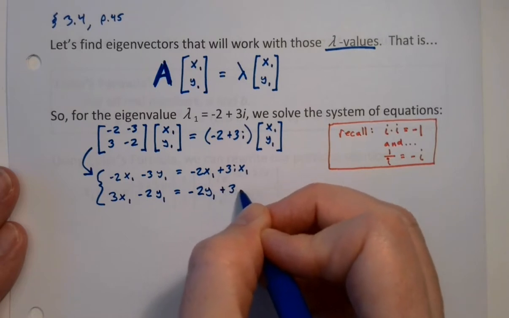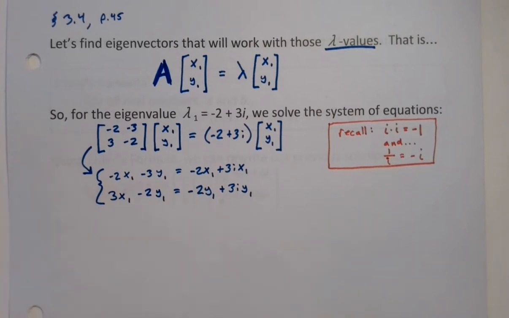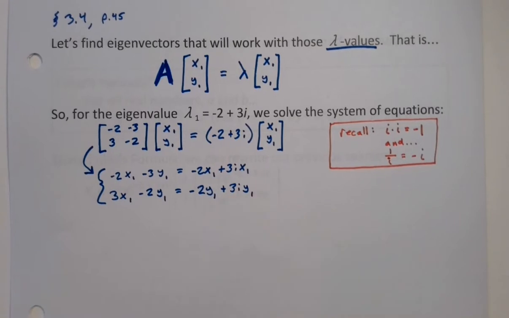plus 3i y1. Now, on first glance, you might think, well, these two equations are absolutely nothing alike, right? You've got the i attached to a different variable. They couldn't possibly tell us the same thing. And that's the rule for finding our eigenvectors.